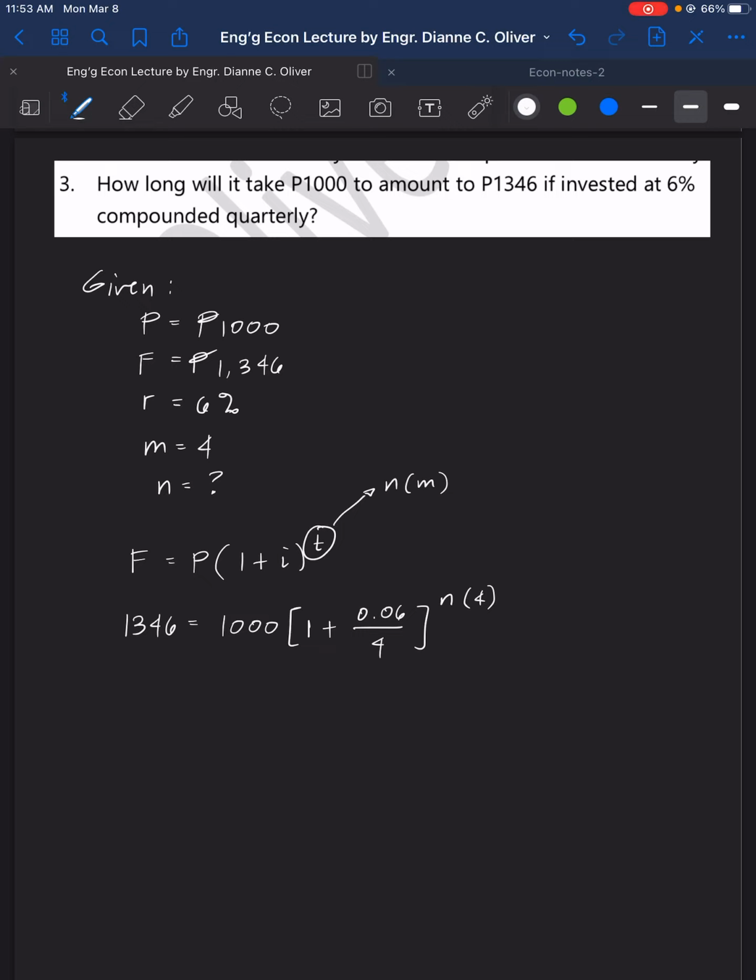So what is the value of N? That is 4.99, or that is 5 years.